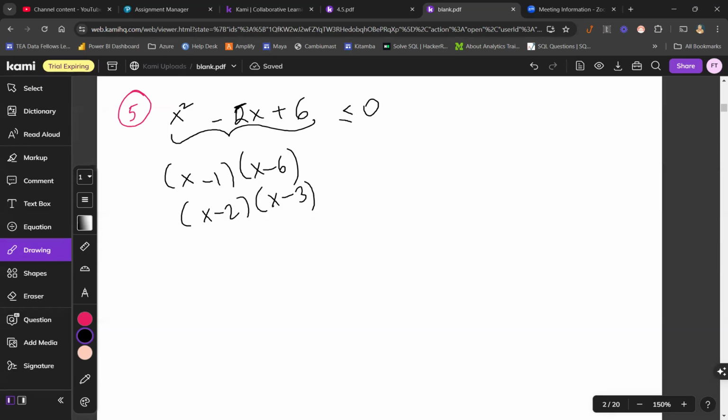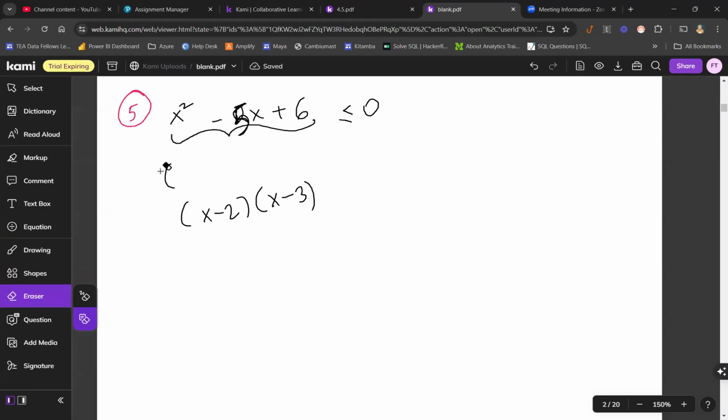So we're just going to solve this question by changing this number to a 5. And then if we just change this number to be a 5, that means the factors are x minus 2 times x minus 3, and we want this to be less than or equal to 0.